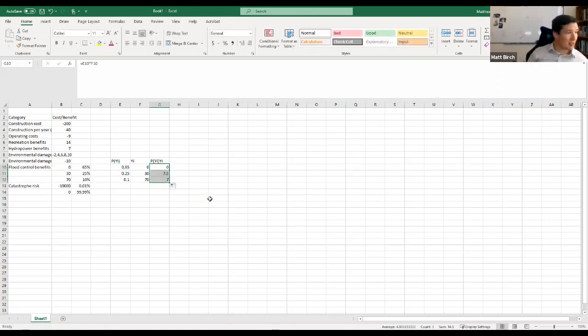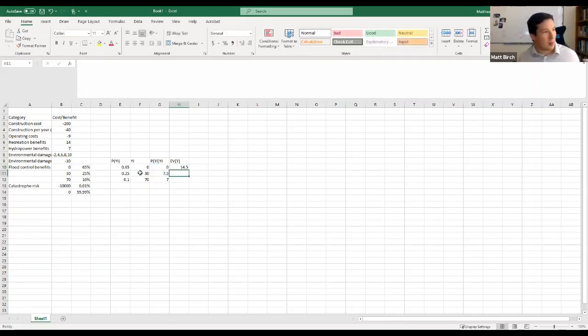So we'll do that for each of those. And the expected value of y, of our flood control benefits, is equal to the sum of all of those P of yi times yi's.